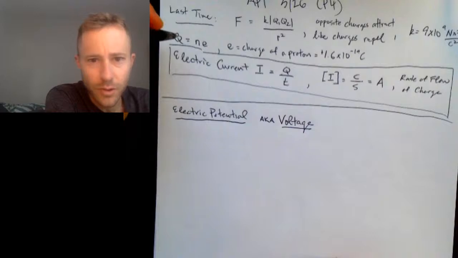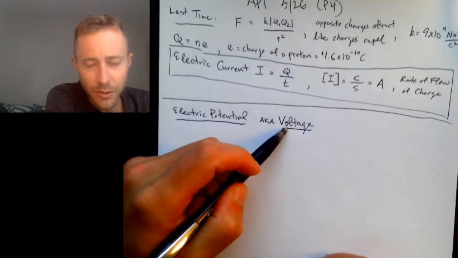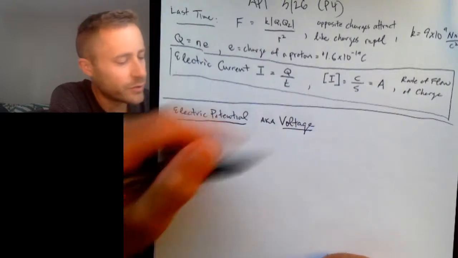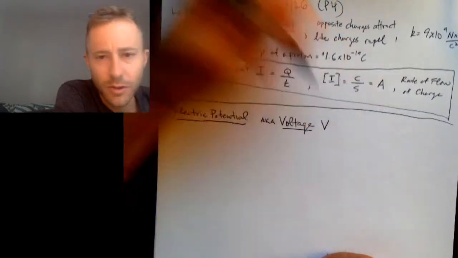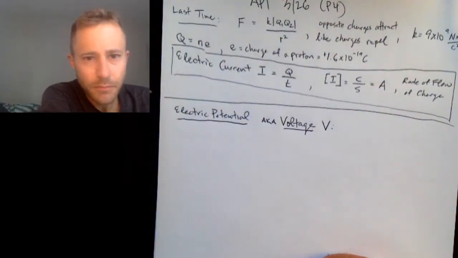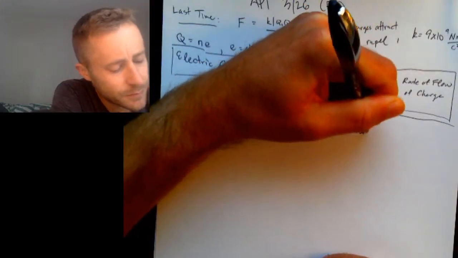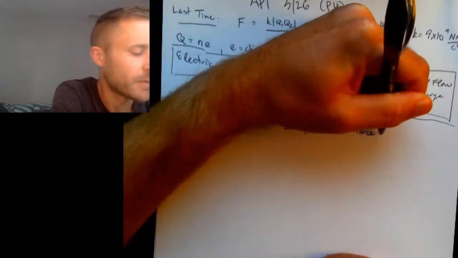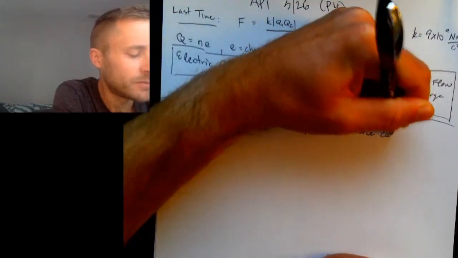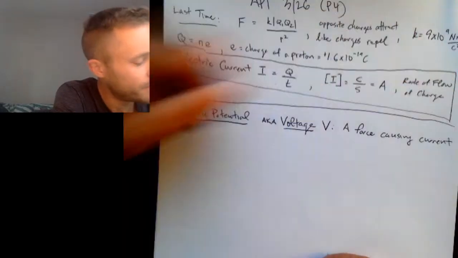Since we're talking about circuits, I'll be referring to it mostly as voltage. It's denoted by V, and what voltage is, it's a force in the circuit causing current to flow.